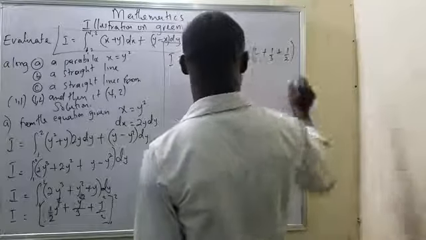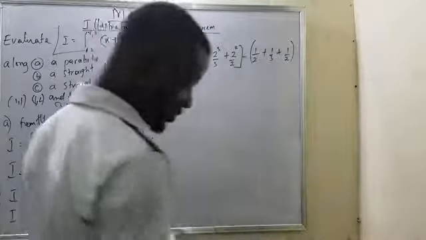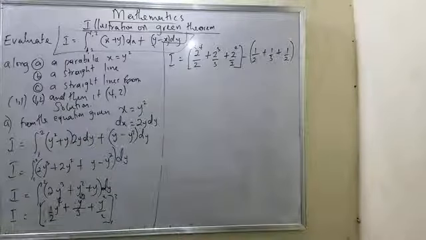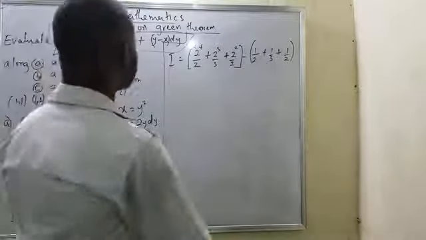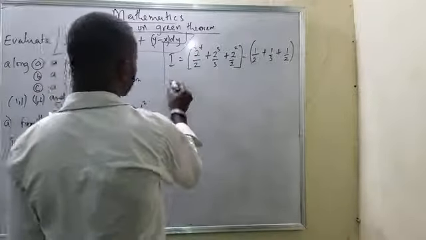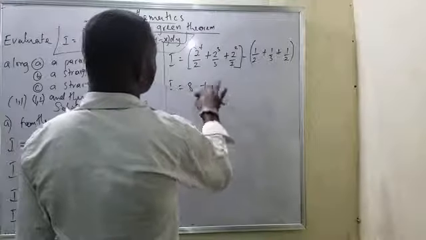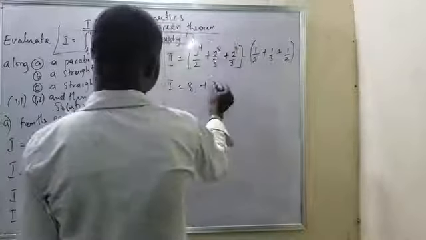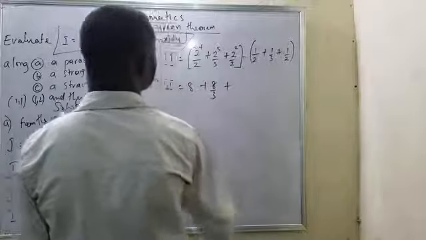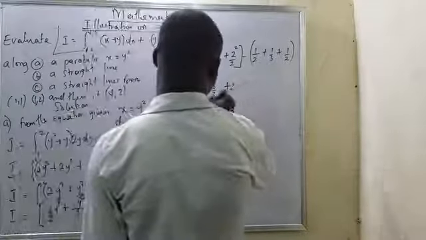Please, 1 can never change, because 1 raised to power 5 is always 1, 1 raised to power 4 is 1. It means this one will be 2 raised to power 4 over 2, which is 8. This one will be 8 over 3. This one will be 2.